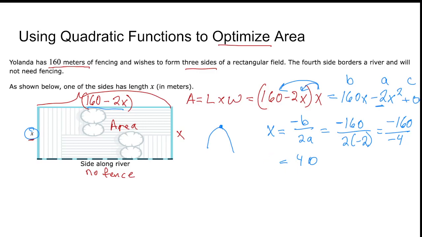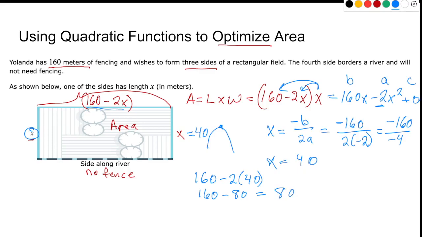Okay, and so we could put that there. And then what's the other length going to be? Well, it's going to be 160 minus 2 times 40. So that's 160 minus 80, which is 80. Kind of makes sense. A lot of these problems, you get a nice symmetrical pattern going on.